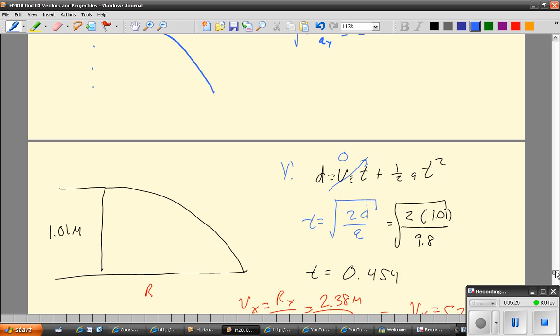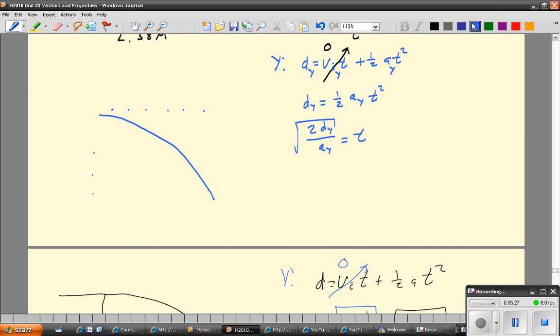So if I plug in the numbers, 2 times negative 1.01 meters over negative 9.8 meters per second squared, and we take the square root of that, that's going to give us a time of 0.454 seconds. So that's going to give us the time.